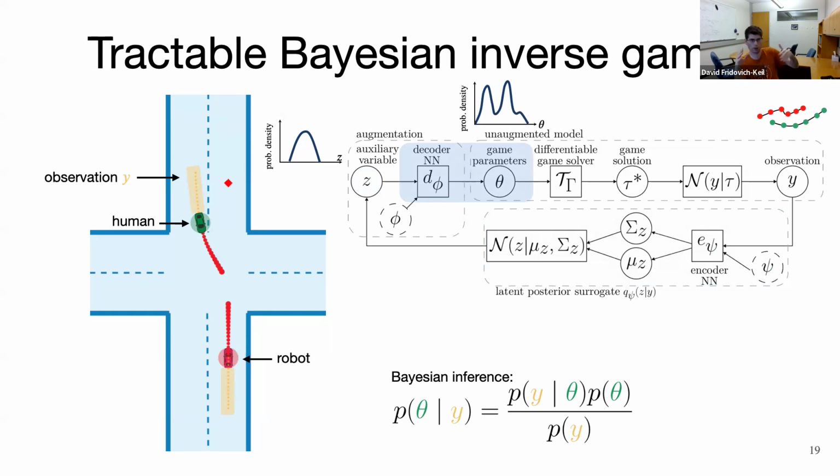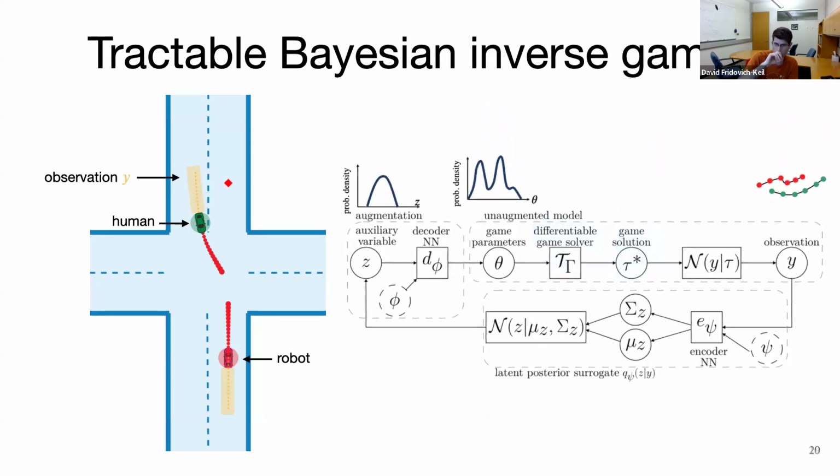Those will have some arbitrary non-normal distribution. Once we have a theta, we can pass it through the game solver and get a solution tau. The sensor model, this normal y given tau, in the next box to the right will then tell us how likely a particular observation is. Given all of these boxes, it's straightforward to start writing down likelihoods of all of the variables given all the other ones, and you can train these encoder and decoder models.